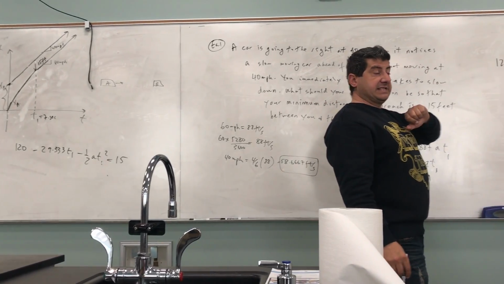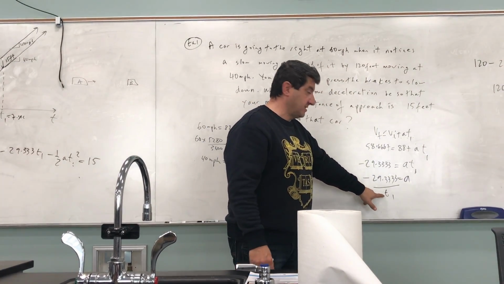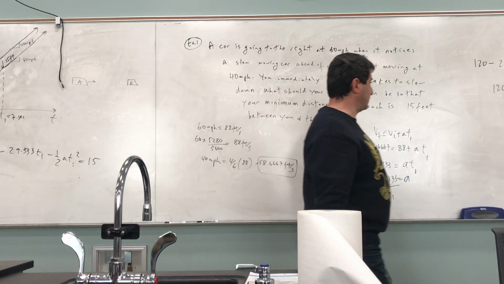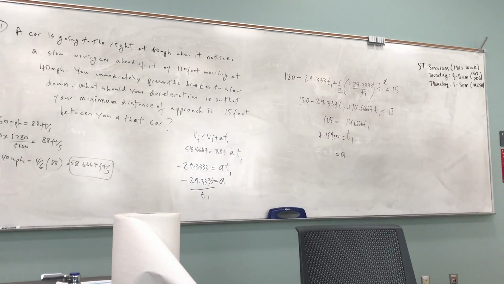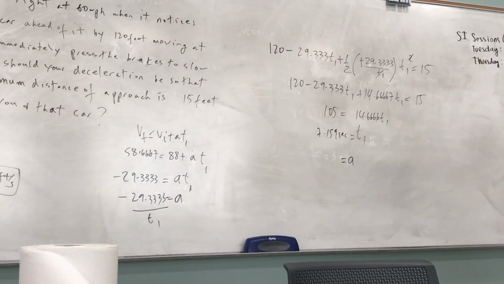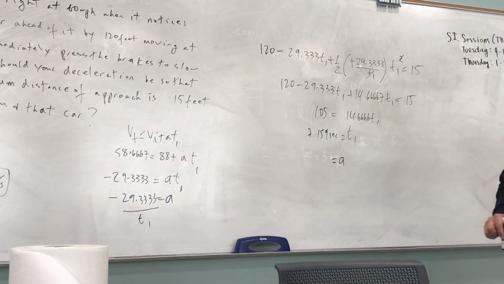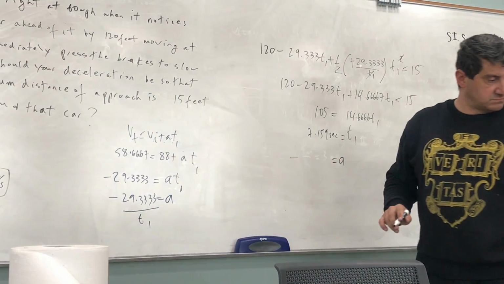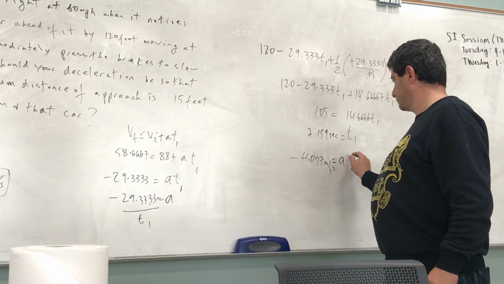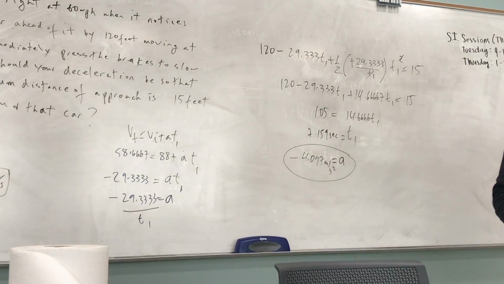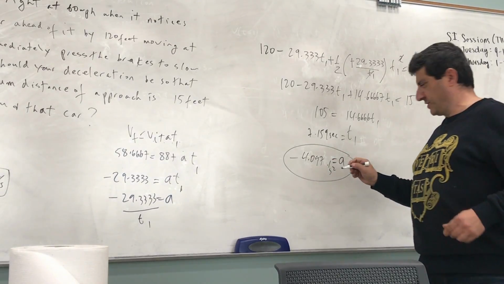And then now we take that t and we put it back into this guy, and that tells us the deceleration, right? A is equal to 29 over that. Oh, not meters, sorry, feet per second squared, right?